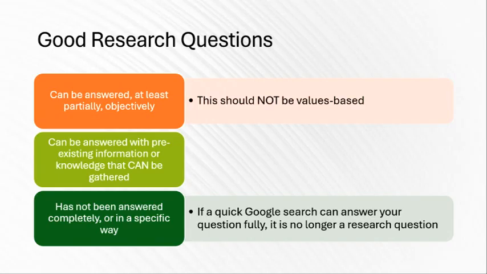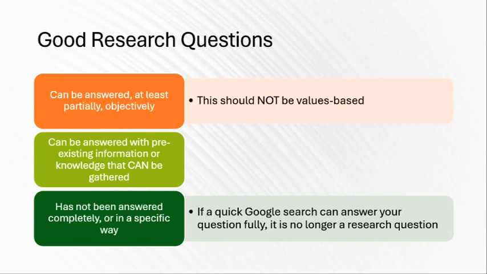But very important, while we do want pre-existing information and we want that stuff to be available, a good research question will not be answered completely or in a specific way. And often the best way to do this is if a quick Google search can answer your question fully, it's not a research question.